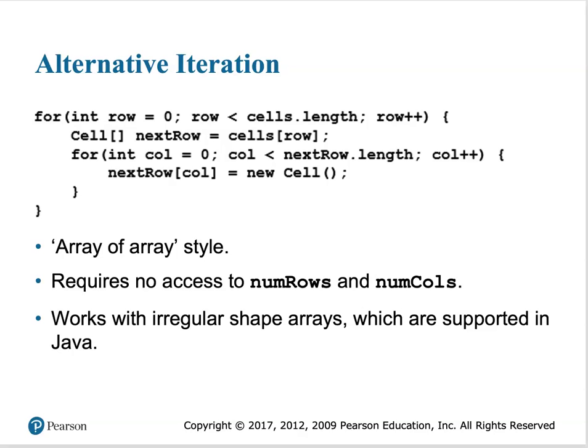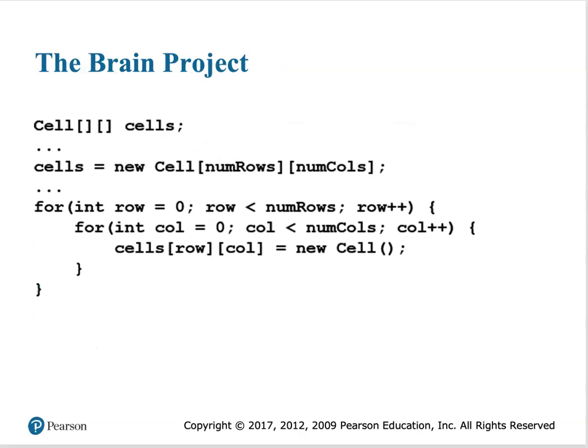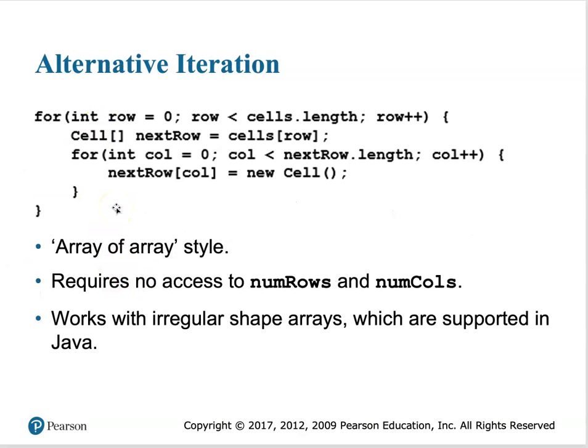So one way to deal with the brain project is that array of arrays. I'm sorry, the two-dimensional array value. The array of array style allows us to just ask the arrays that make up the grid for the length directly.